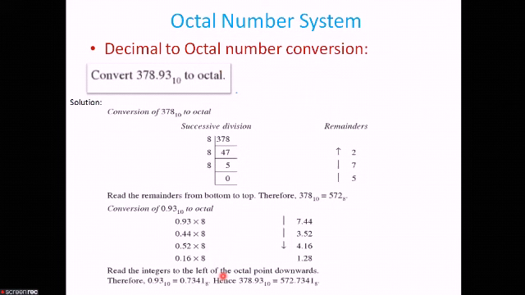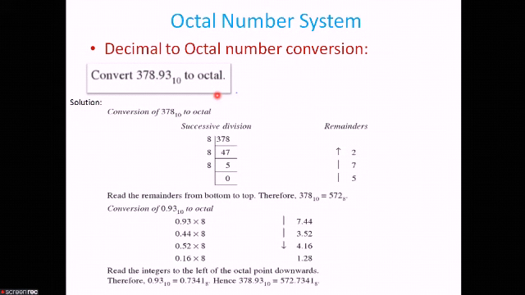Next is the conversion of decimal to octal conversion. Now before starting it, let me say something about the decimal to octal conversion. There are some rules for it. What is the first point? To convert a mixed decimal number to a mixed octal number, convert the integer and the fraction separately.